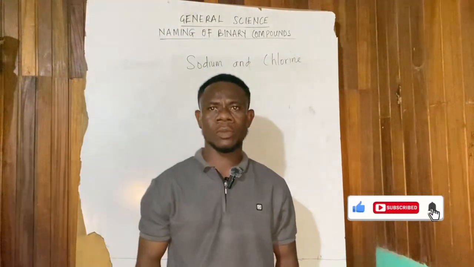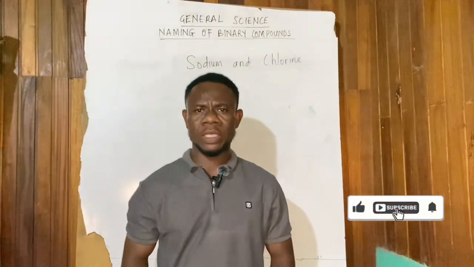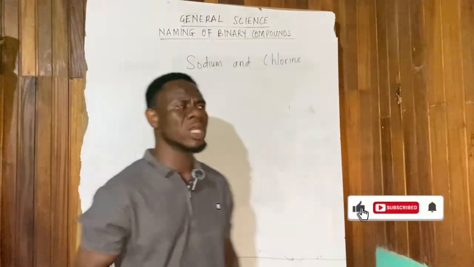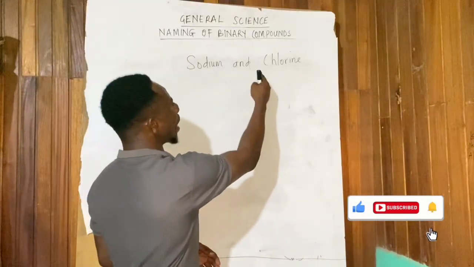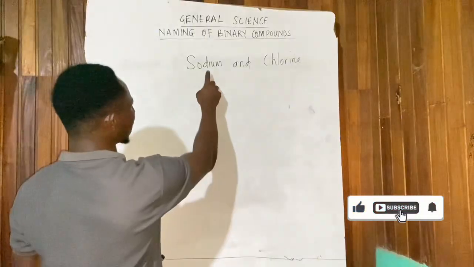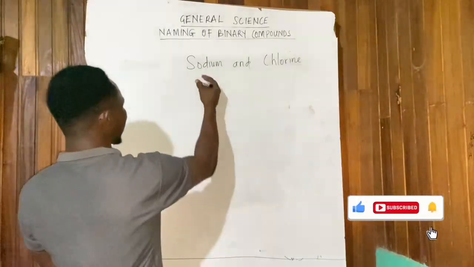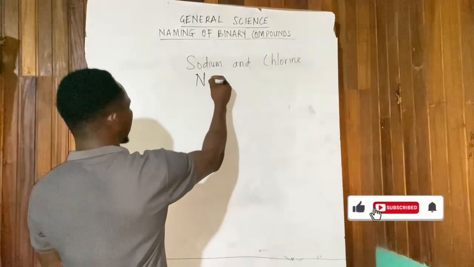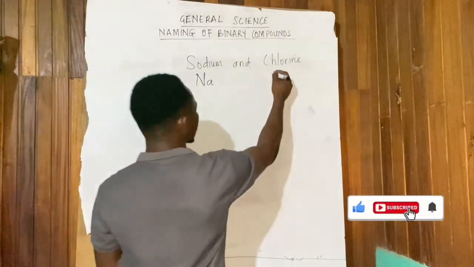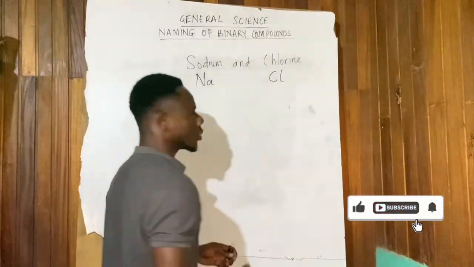Chlorine. The next step is to write the chemical symbol for these elements that combine to form the binary compound. The chemical symbol for sodium is Na, and the chemical symbol for chlorine is Cl.